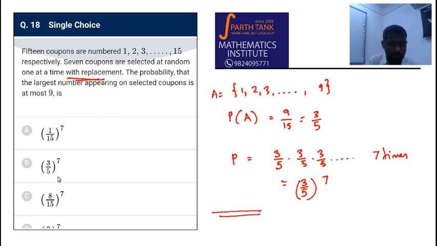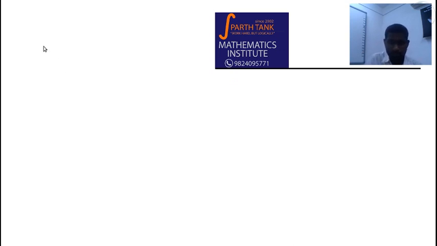Now this is option B, 3 by 5 to the power 7. Let us consider if the same question were asked without replacement, how would you proceed? If it is without replacement, the first one to be less than or equal to 9 would be 9 by 15. And the second one, you would have only 8 possible values out of 14. So it becomes 8 by 14 because one of the values is already chosen.